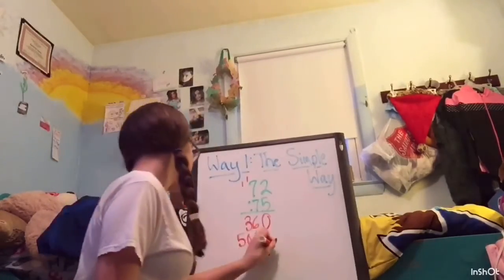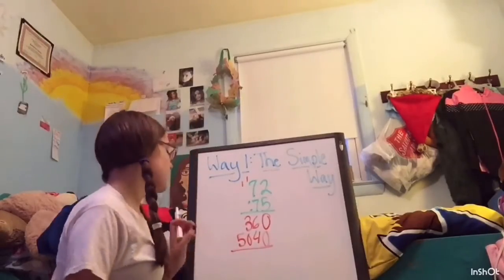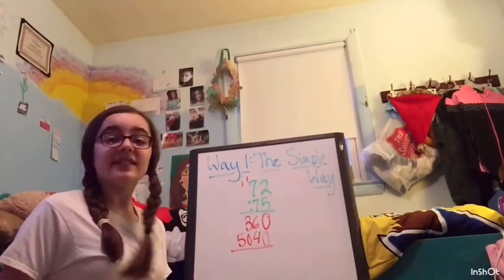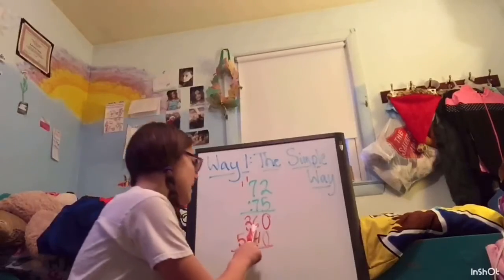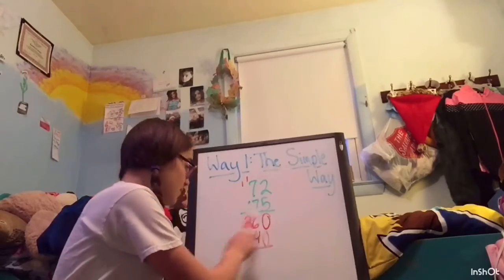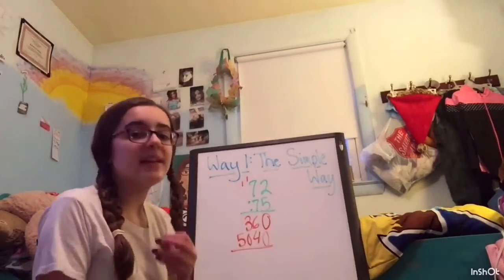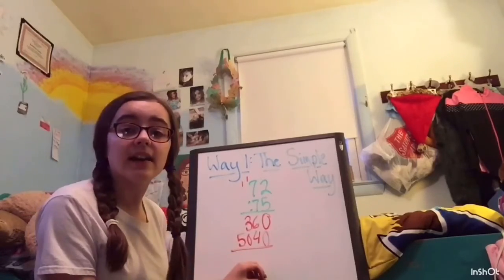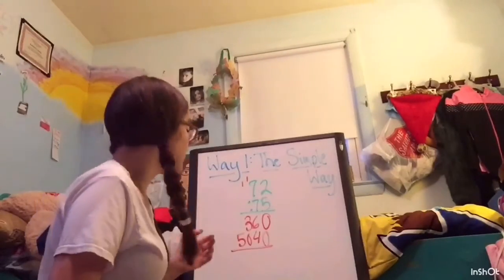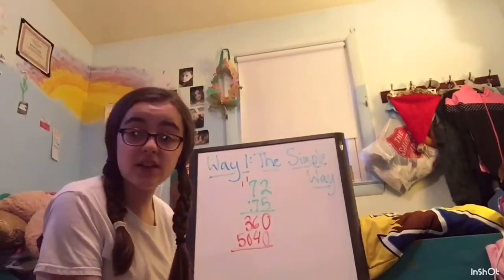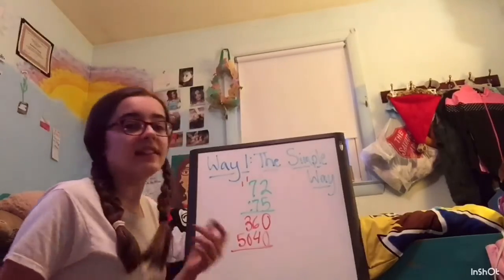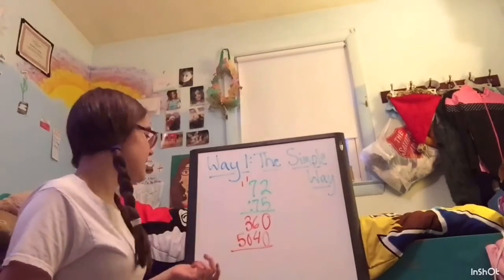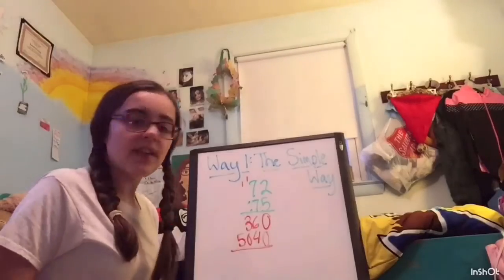So now we have 360 plus 5,040. Notice I didn't put the decimal in the 360 or the 5,040 because we don't need that until we have our product. So don't forget that. If you have to put the decimal, that's fine. That's not illegal. But it's better not to put it because it's just easier like that.